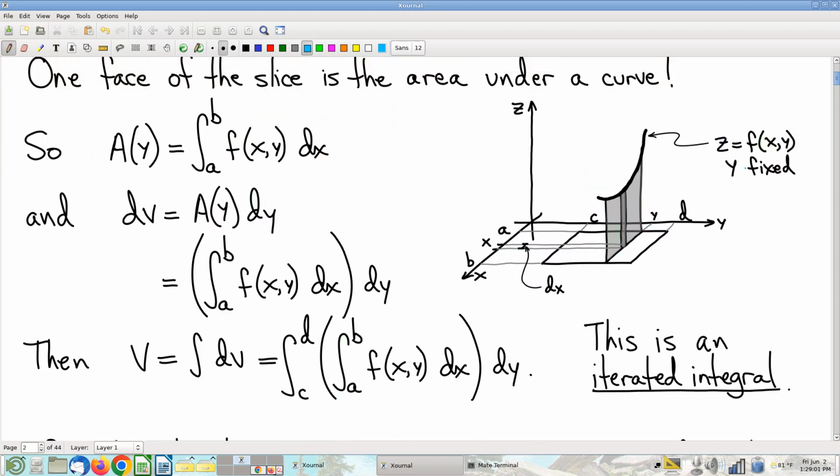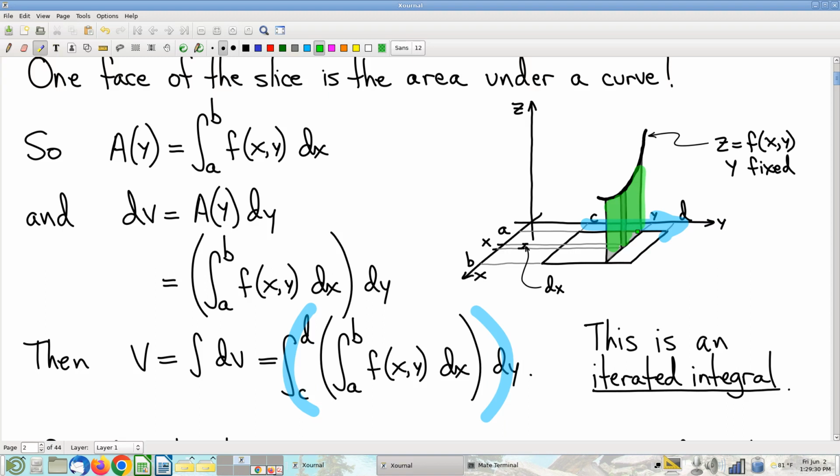What I'm going to call the outside integral represents this process of going from C to D. Y is going from C to D, for which purpose we then get cross sections like that, right? These little slices of bread, as it were.